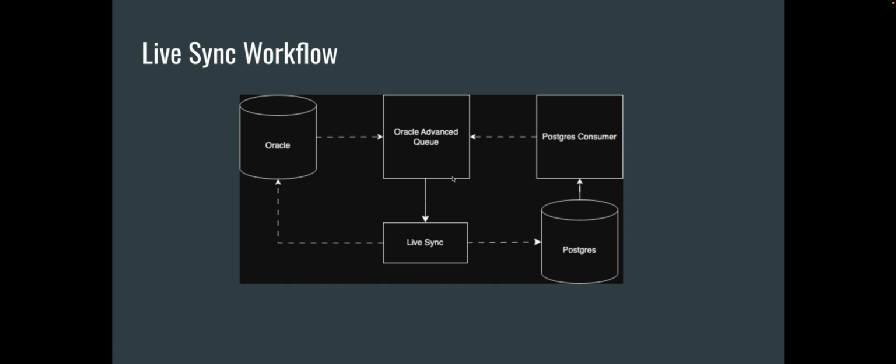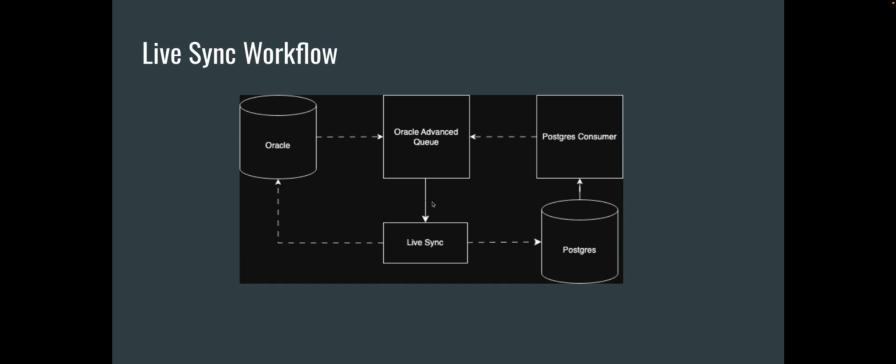So, particularly with insert and delete, Postgres will actually throw an error because A, the record has already been created, that's a primary key violation. Or B, the record has already been deleted, there's nothing to delete. So in other words, nothing will cause the trigger to add back to Oracle Advanced Queue. But what will cause an issue is the update. Update can send us into an endless loop here.